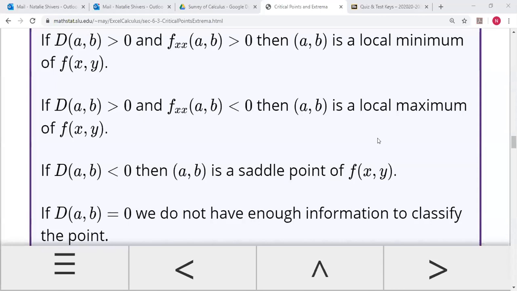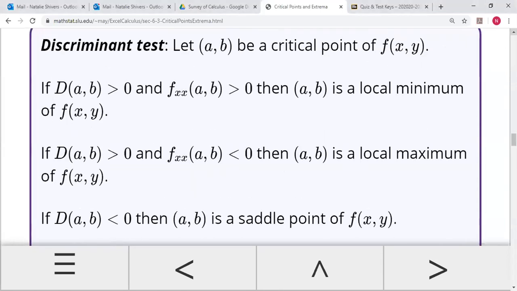And this discriminant test is actually just printed out on it. So if we look up, you'll see that it's titled the Discriminant Test. Okay, so the first thing it says is we have to let the point be a critical point of f. And then it says if the discriminant at (a, b) is greater than 0, so if we get the number to be greater than 0, then we have to look at the partial with respect to x.